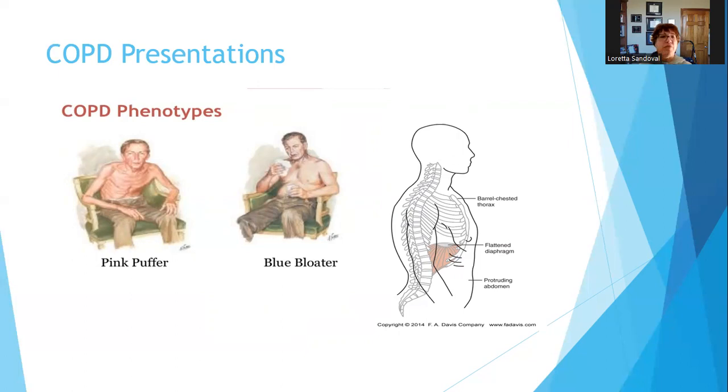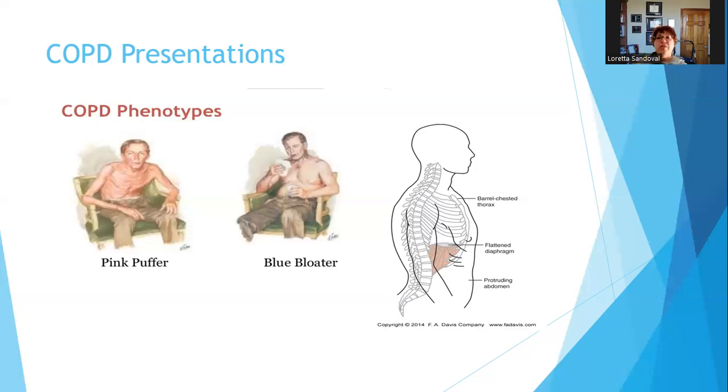They're not expiring very well. The hunched over posture to use the accessory muscles more, really developed accessory muscles, and kind of that flattened barrel chest look. The pulmonary obstruction is the cyanotic look, the bluish look. The more pulmonary edema type look, the kind of bloated look.